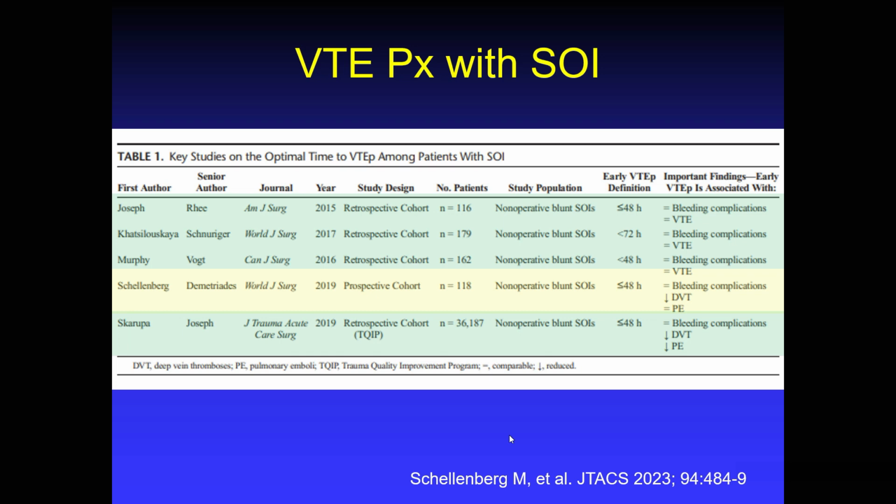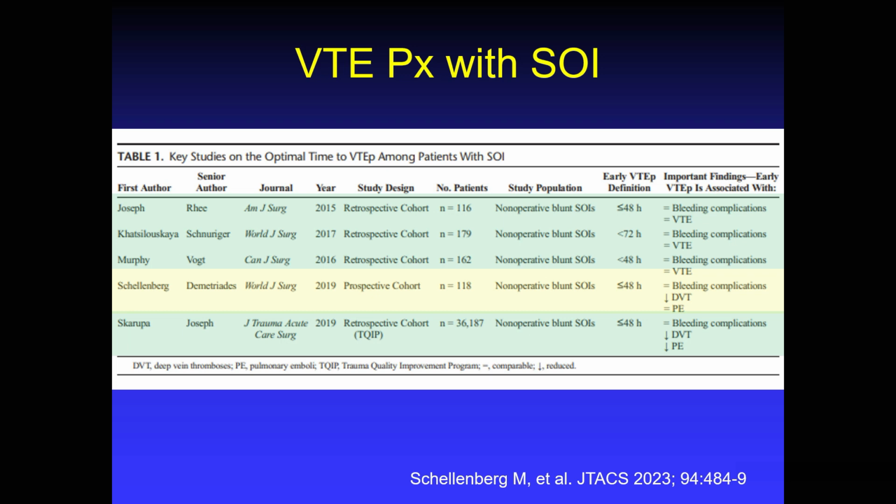Now, limitations to this data are an underrepresentation of higher grade injuries, grade 4 and above, as well as patients with multiple sites of solid organ injury. So it was not well represented when you have, like, a liver laceration combined with a spleen laceration, for example.